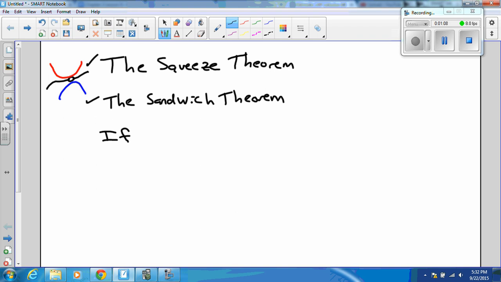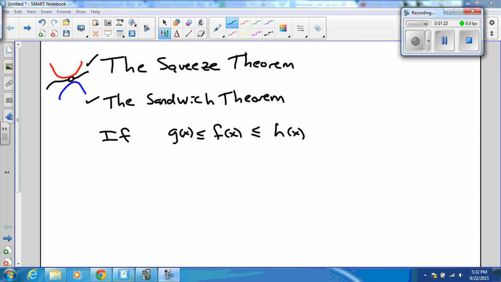Suppose we have three functions. Our function f of x is going to be squeezed between an upper bounding function called h of x and a lower bounding function g of x.